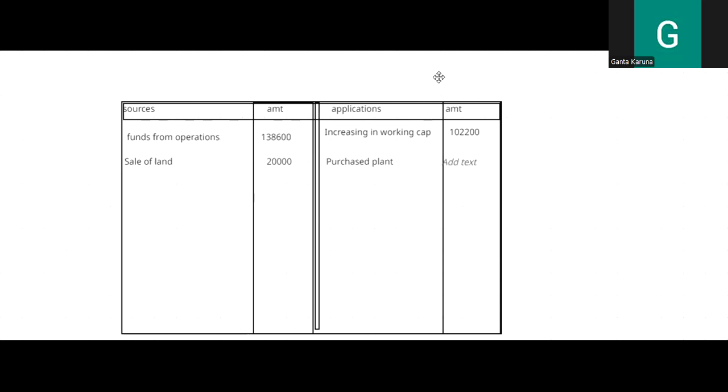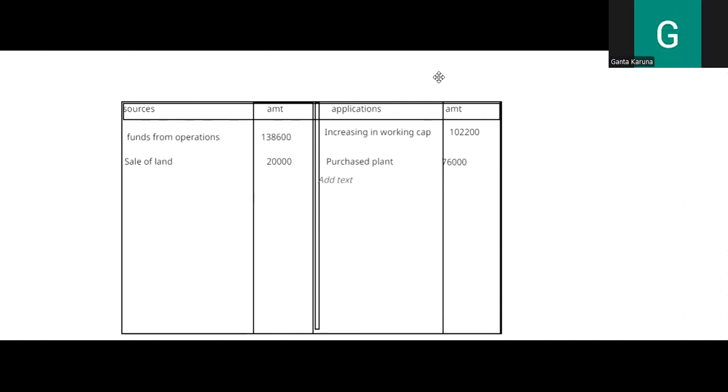And then again we have paid taxation, so I should take that here as well. So I'm taking paid for taxation, which is around 40,000.